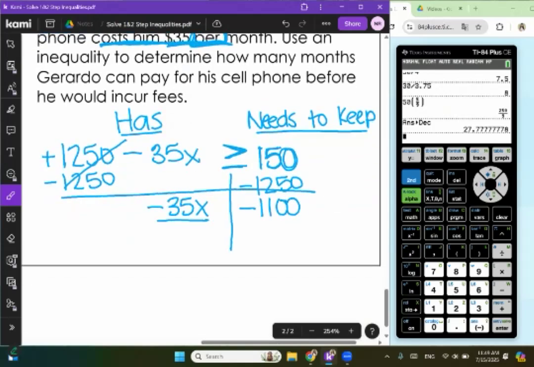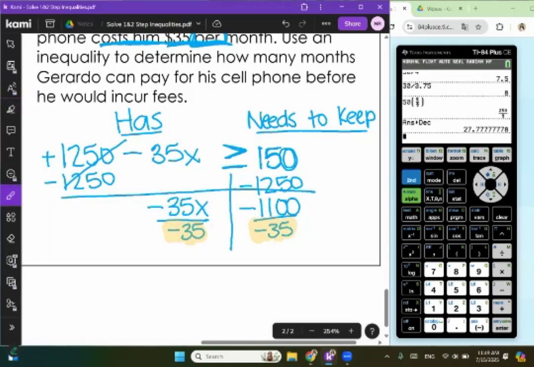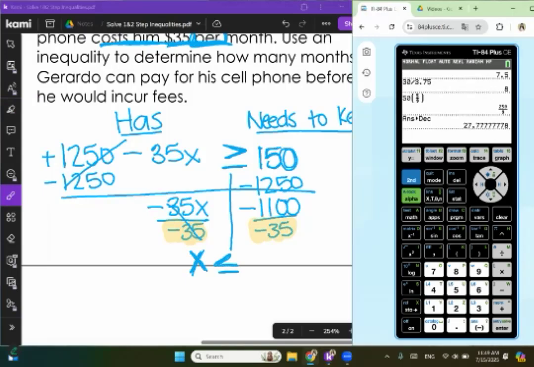And then we divide. We're dividing, so we need to be on high alert. We're dividing by a negative number, so what does that mean for us? That we need to flip the inequality. Now I'm just gonna type it in. I'm gonna clear everything out.